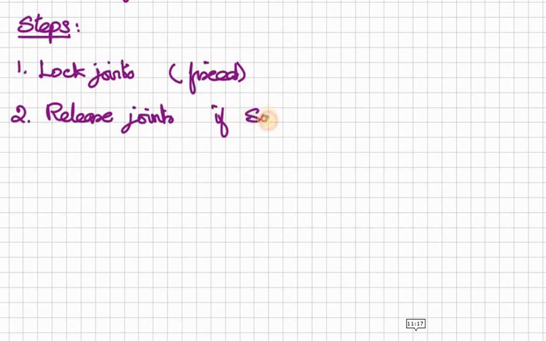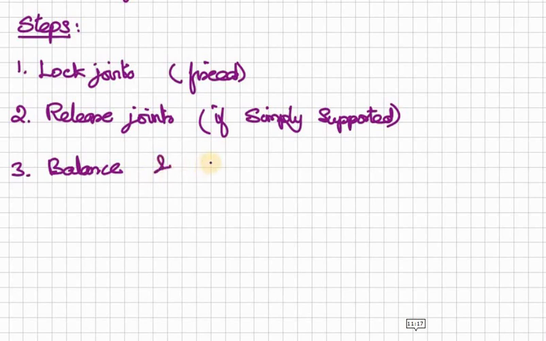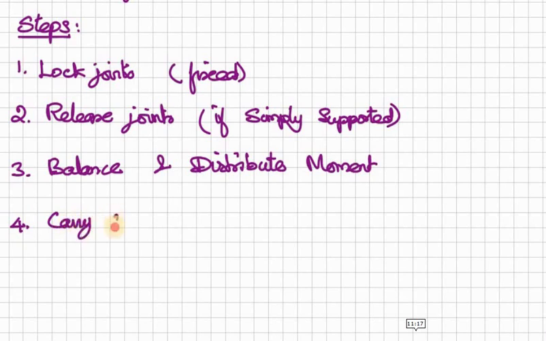While releasing the joints, we have to distribute the moments. That means we have to balance and distribute the moment in the next step. While balancing the moment, balance means we have to apply the moment and the opposite moment. Because of the application of moments, we have to carry over to the other end further.